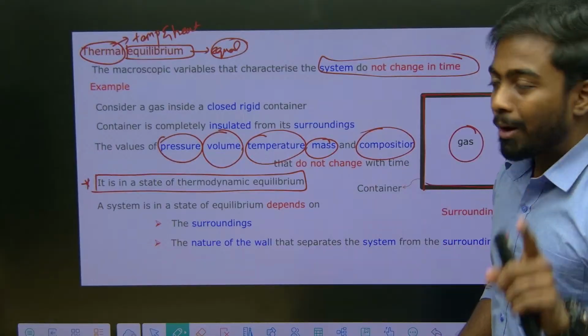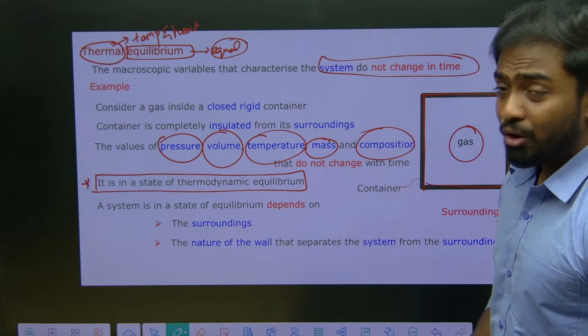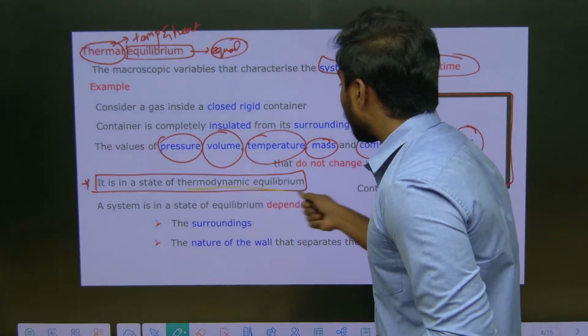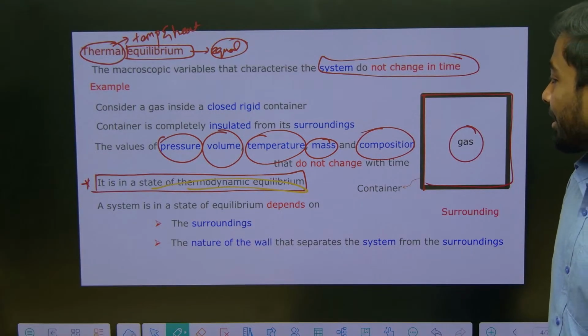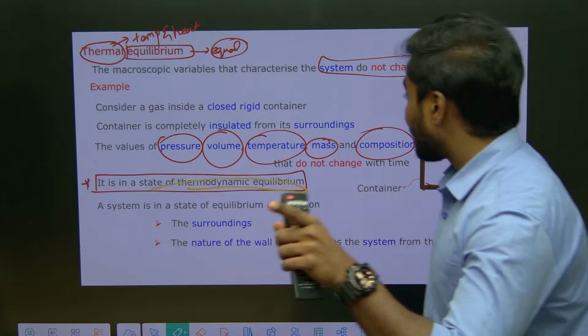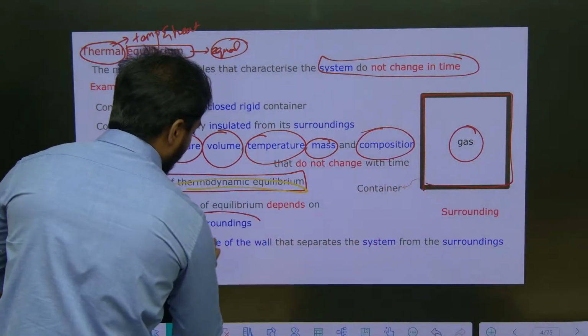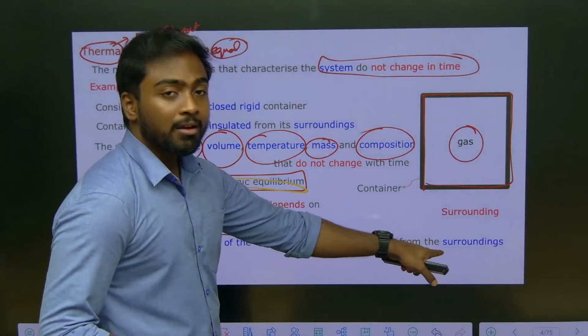If any one changes, I cannot say it is in thermal equilibrium. Whether a system is in a state of equilibrium depends on the surrounding and the nature of the wall that separates the system and the surrounding.